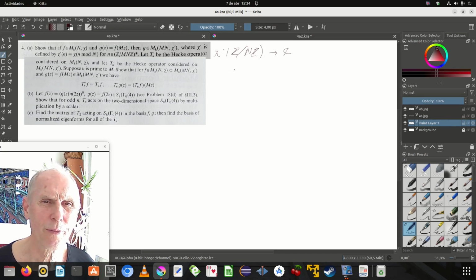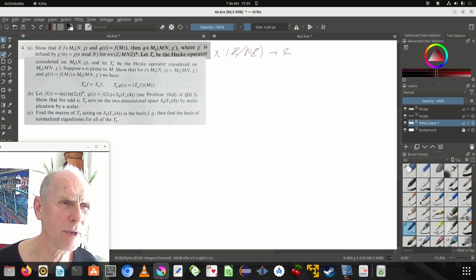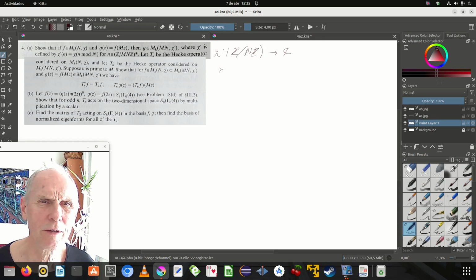But when we operate on these functions, it's a vector space, then we must have a guy operating on Mn.